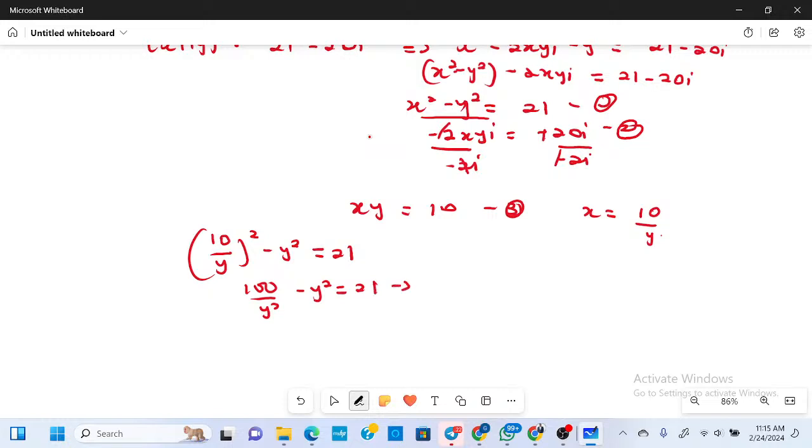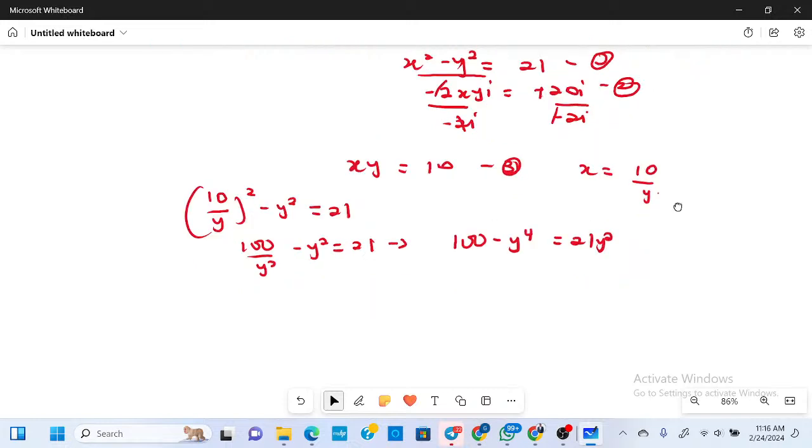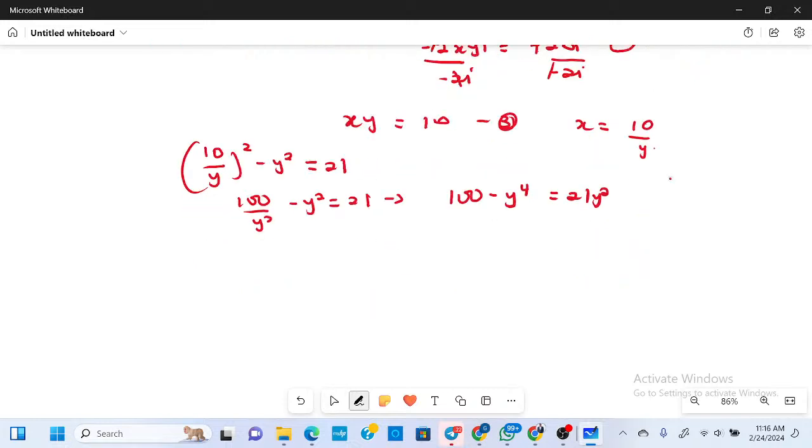So I'll simply have 100 minus y to the power 4 is equal to 21 y squared. So grouping all this together, I'll have y to the power 4, moving this side to that, plus 21 y squared minus 100 is equal to 0.